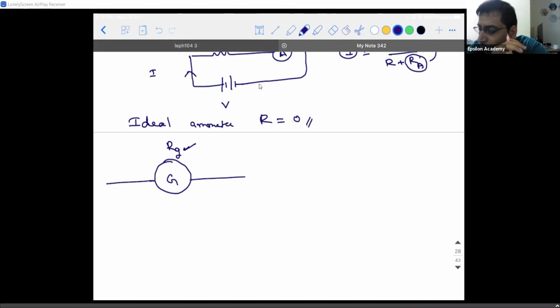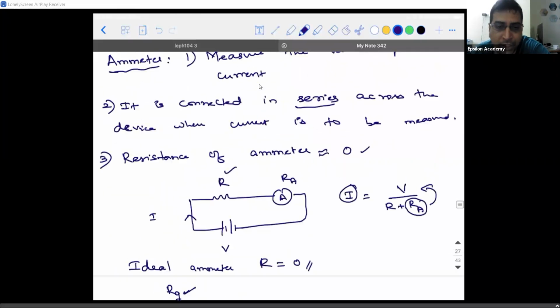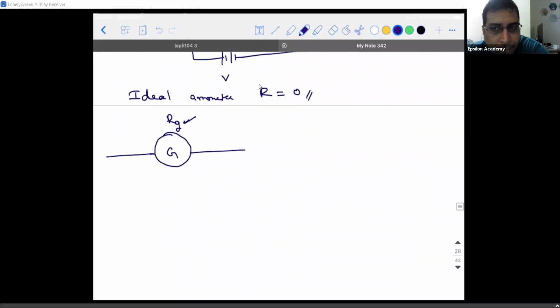So to this galvanometer, we are supposed to connect another resistor so that the whole circuit can be called an ammeter. For that, I'm going to borrow the idea from the basic structure of an ammeter. An ammeter is basically a device with very low resistance.